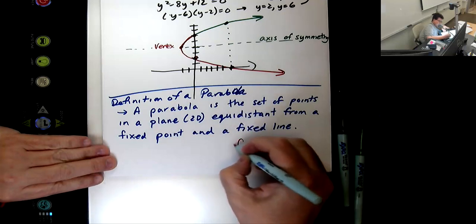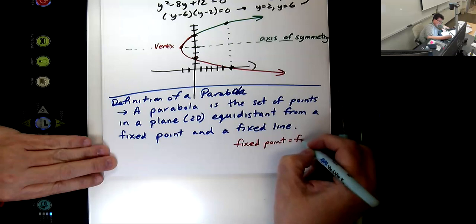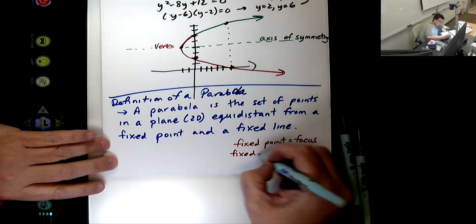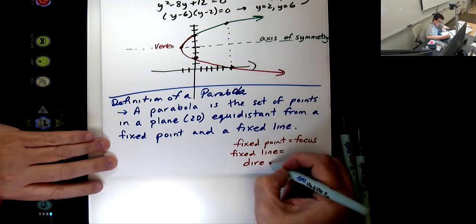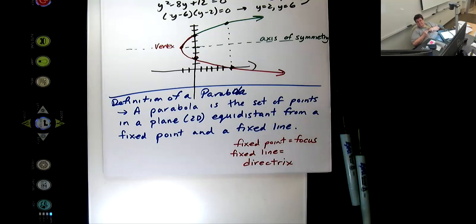The fixed point is called the focus. And I fucking love the name of the fixed line. It's called the directrix. It's a fucking pimp name.